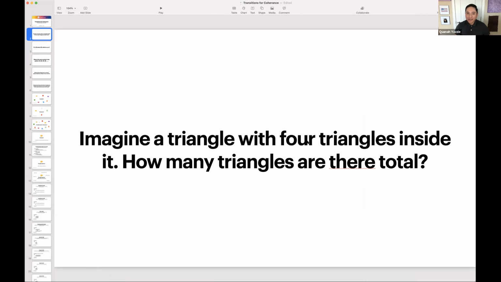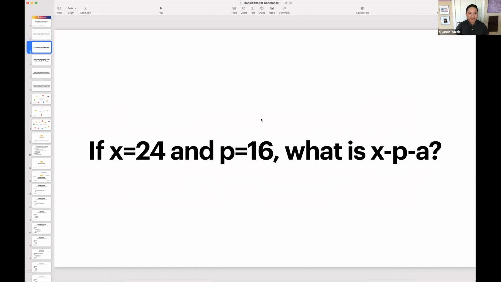But let's look at this again. We're on this one, right? If x equals 24 and p equals 16. Hold on.